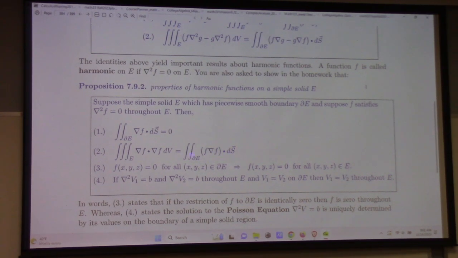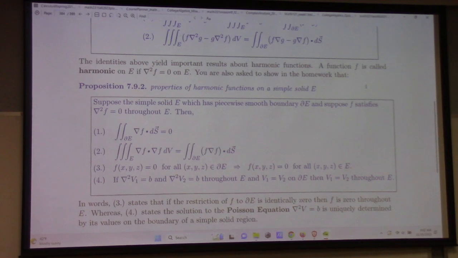That's interesting. And also, if you have a function that is harmonic and it's 0 on the boundary, that implies it's identically 0 throughout the totality of the volume bounded. That's a pretty neat theorem. It says 0 on the edge means 0 throughout if it's harmonic.